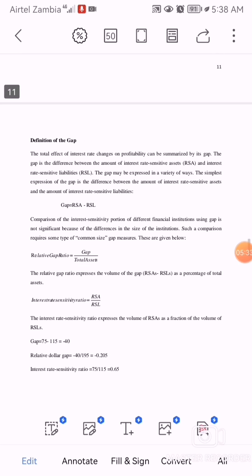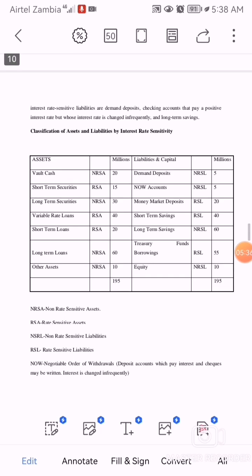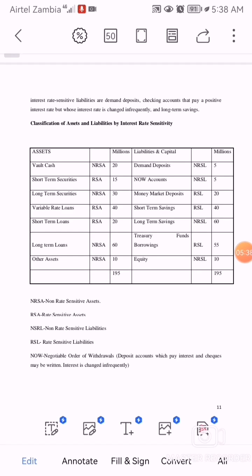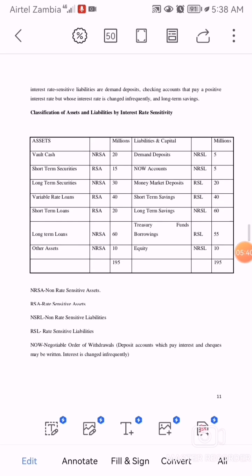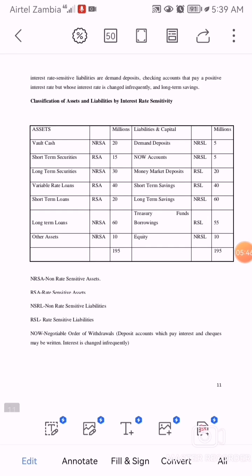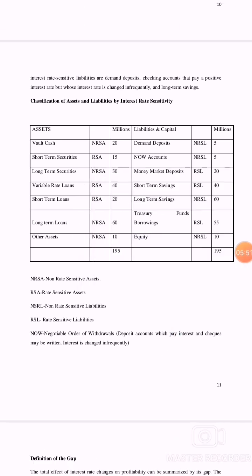Now you get your numbers in your table. For example, short-term securities, I'll get 15, plus 40 under variable rate loans, plus 40 for short-term loans. I'm only getting those three values. The reason is, anything that's short-term, anything that's variable, we're using that, disregarding the rest.